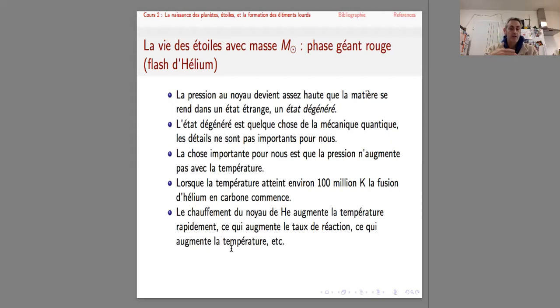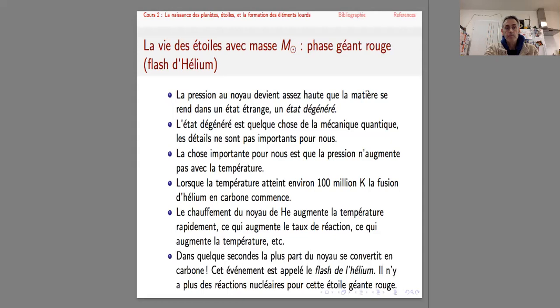So you can see there's a runaway unstable reaction here. As a result, within a few seconds, most of the central region of the star will be converted into carbon.